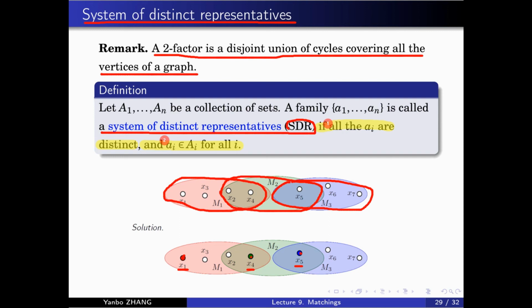Also, we can use X4, X2, X7 as an SDR because X4, X2, X7 are distinct and X4 belongs to M1, X2 belongs to M2, X7 belongs to M3. So the definition is super easy. We need 2 conditions. All the elements of SDR are distinct and every element represents a set.